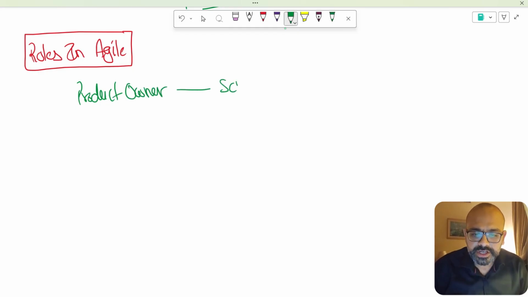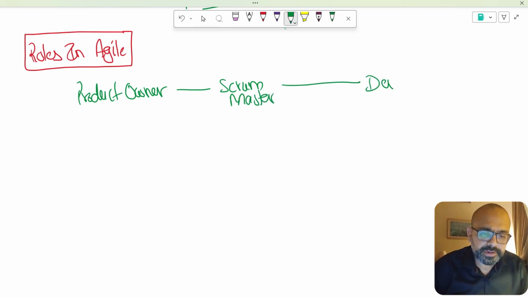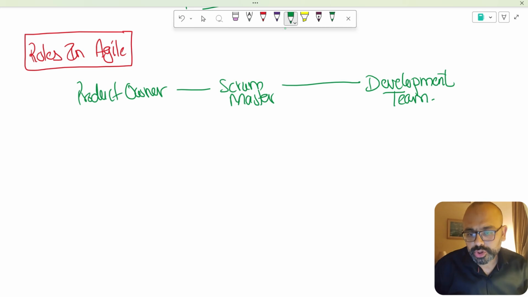Then we have a scrum master. And then we have a development team. Right? Product owner, scrum master, and the development team.